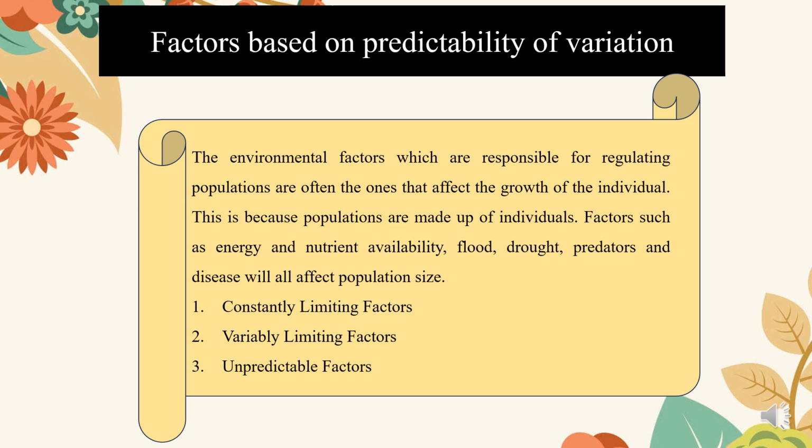Environmental factors can affect populations in various ways depending on whether the factor is variable or not, and how predictable the variation is. Based on this aspect, the environmental factors can conveniently be differentiated into the following types, like constantly limiting factors.